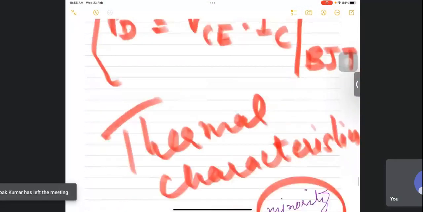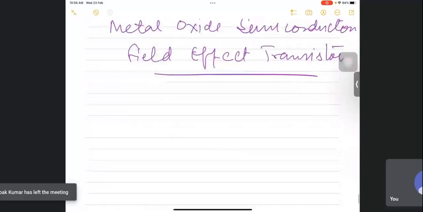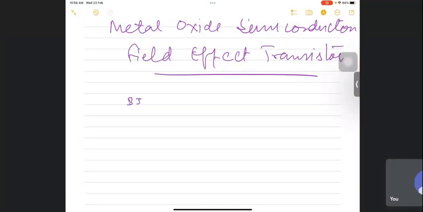So the difference between BJT and JFET, if we see: BJT is IC equal to beta IB.